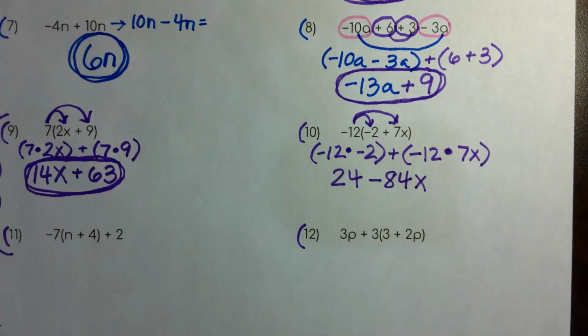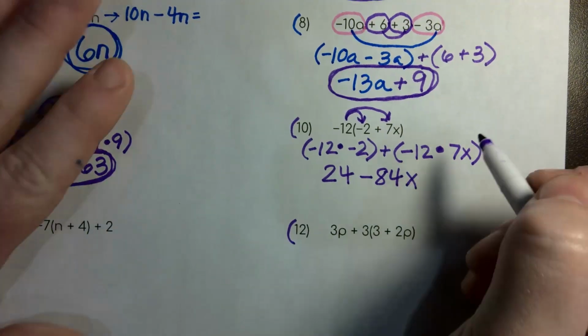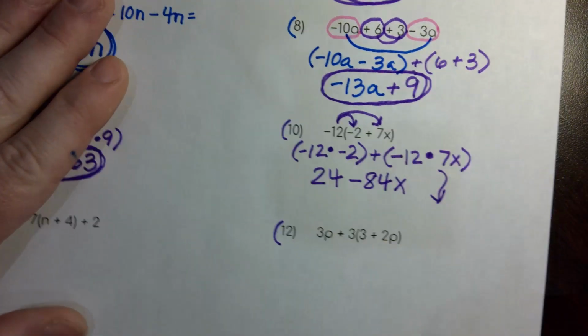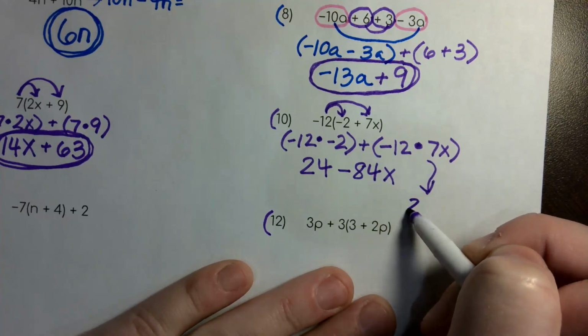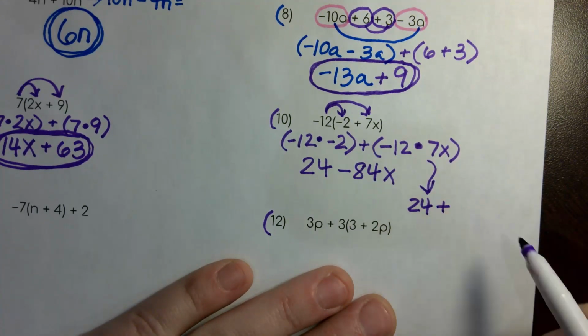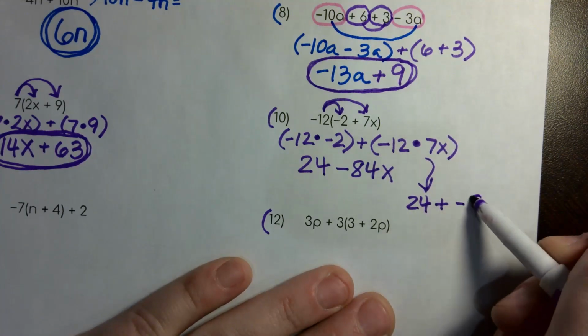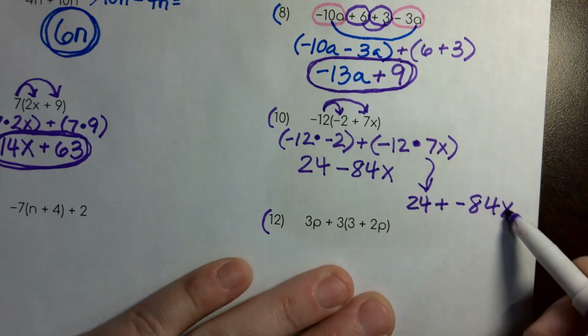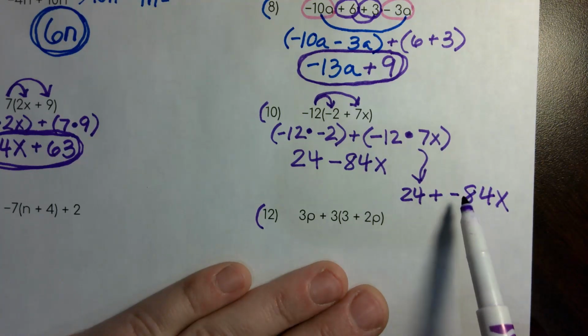Okay, now hold on. Why did that change to a negative, when you had a plus up there between these two? So let me show you. Whenever we have our answer here, which would have been 24 plus, then we would have gotten negative 84x. We don't like to have two symbols right beside each other.